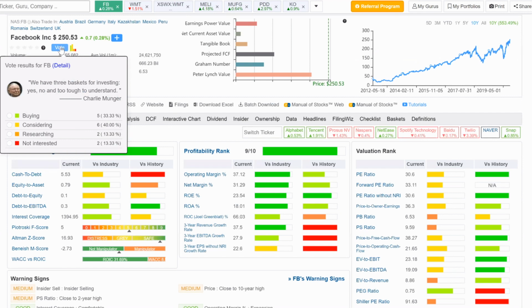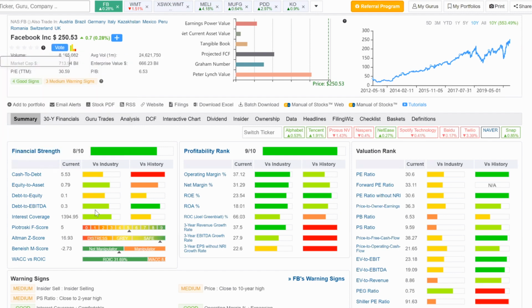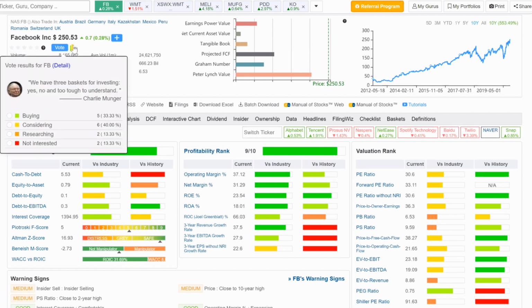The reason we added a vote button is that Charlie Munger and Warren Buffett both once said that they have three baskets: yes, no, and too hard. And here it will allow you to define your basket.